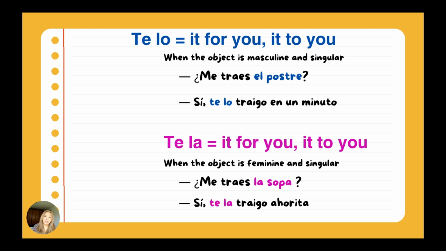Te la means it for you or it to you when the object is feminine and singular. ¿Me traes la sopa? Can you bring me the soup? Yes, I'll bring it to you in a minute. Sí, te la traigo ahorita.